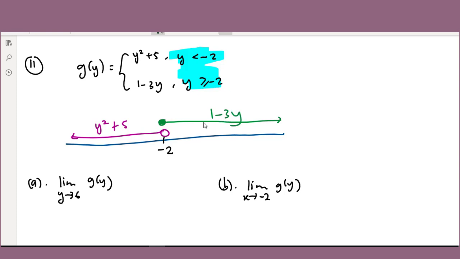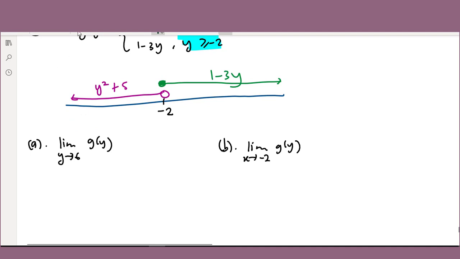So now we're going to find the limit when y approaches 6. Check, 6 is to the right of negative 2. On the left and on the right, we are using the same function.